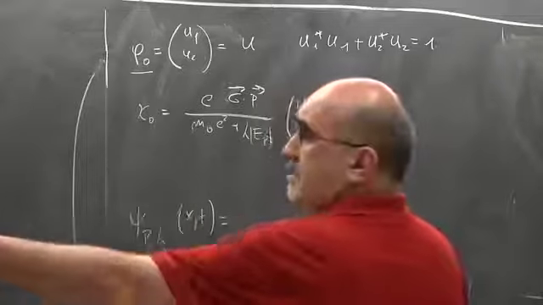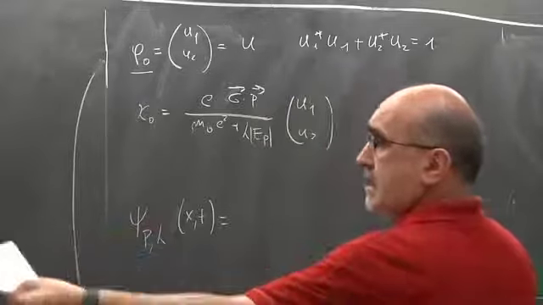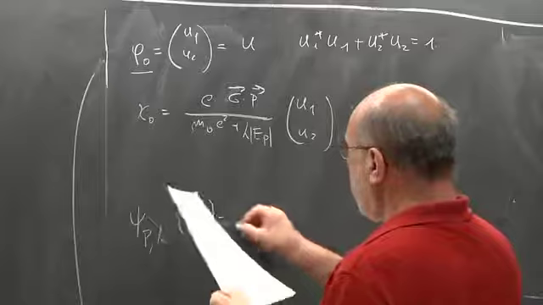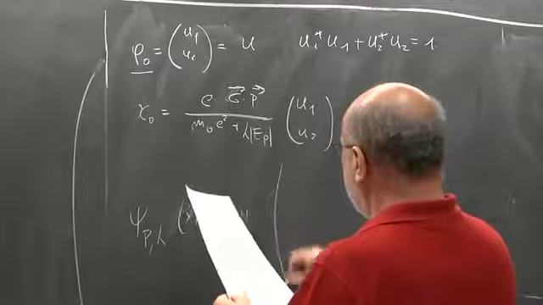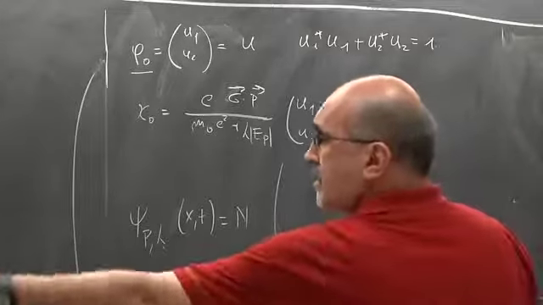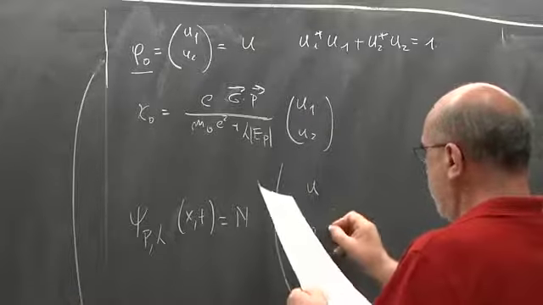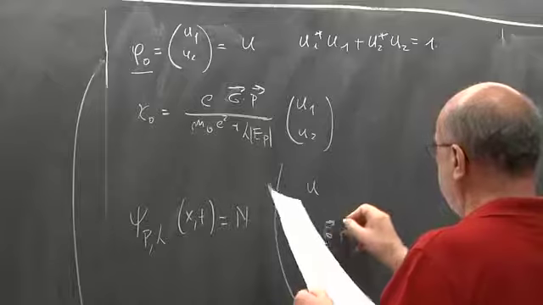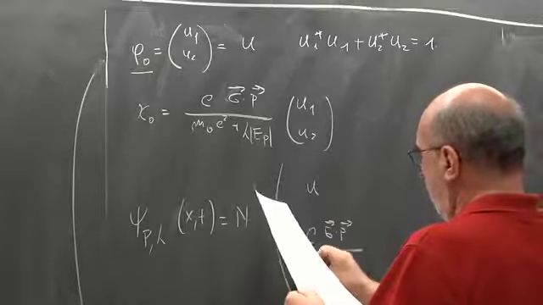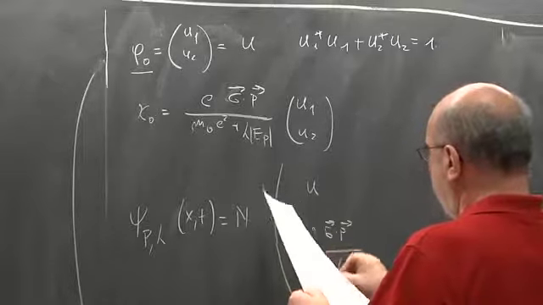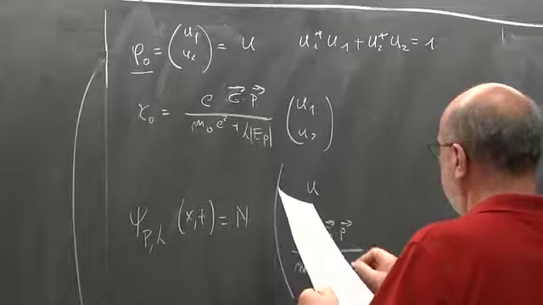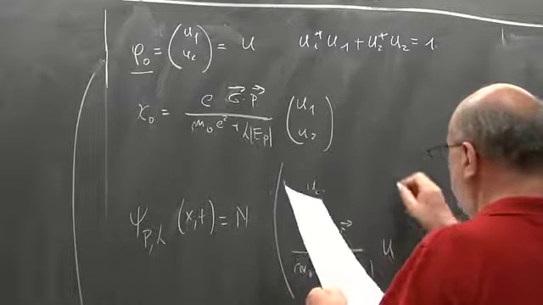I am just plugging in here. There will be a normalizing factor. Then I have the phi 0, but the phi 0 is u. And then I have the other, the chi, sigma dot P over m0 c square plus lambda EP in modulus, multiplied by u.